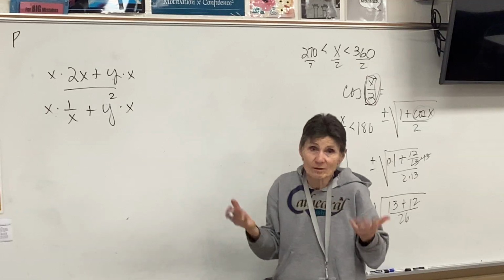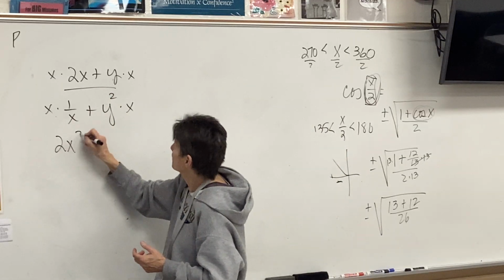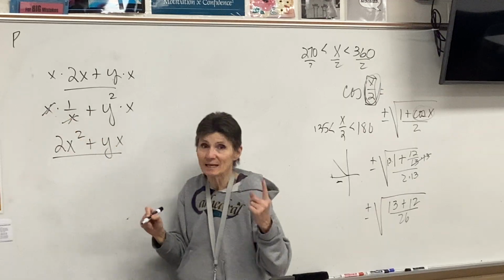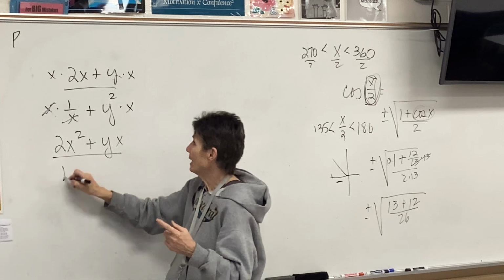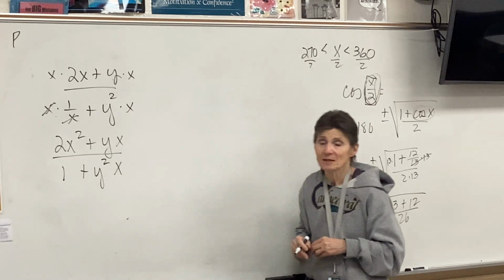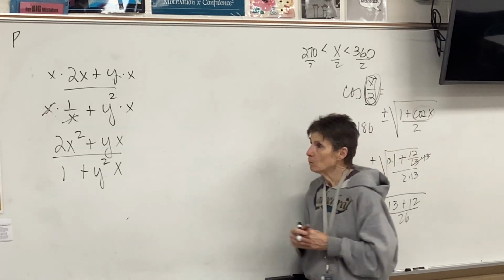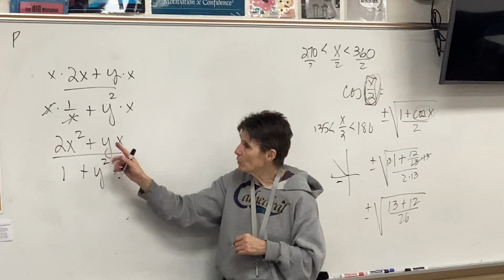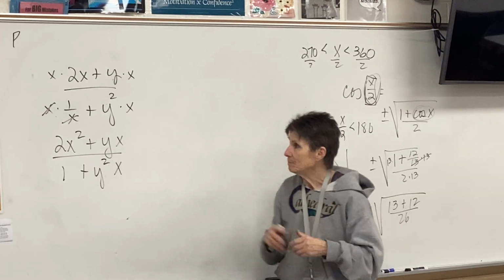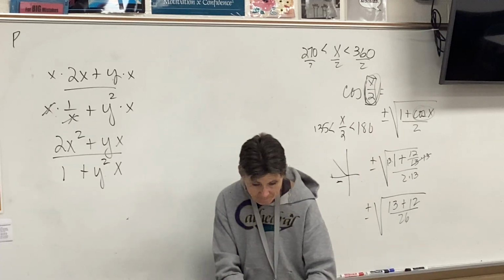X is actually the only denominator. So I'm going to end up with 2x squared plus yx. Now these cancel, that's why you did it. So you have 1 plus y squared x, and you're done. That's all there is to it. There could be a situation where after you did that, you notice that you could cancel something, but here we can't. So we're done. That's it.